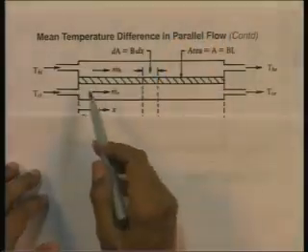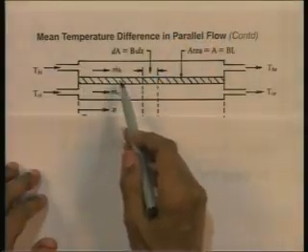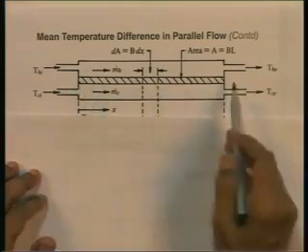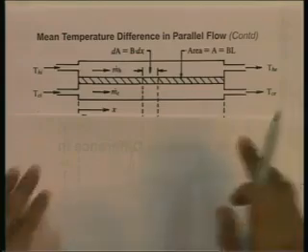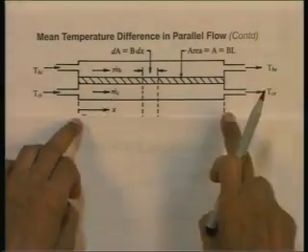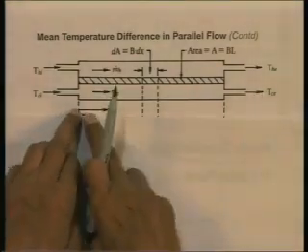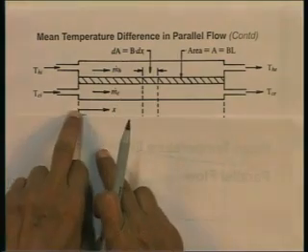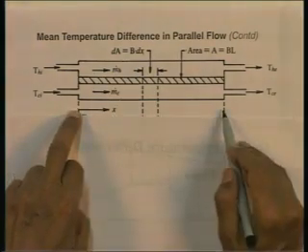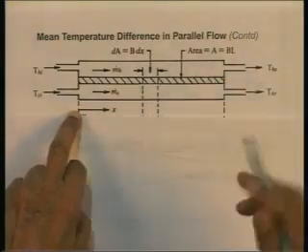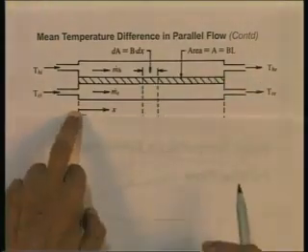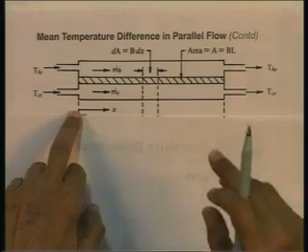The hatched lines indicate the heat transfer surface, the area is A, and this heat exchanger has a length L in the direction x, measured from the left hand side, and a breadth B at right angles to the paper. So, the area A of this parallel flow heat exchanger is A equals B L.